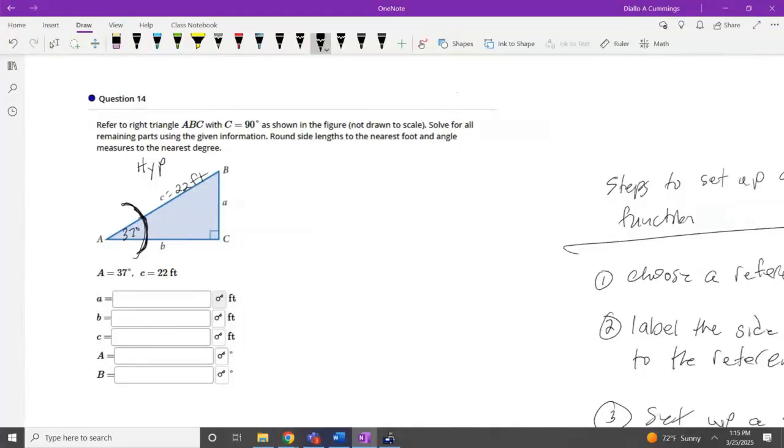So now we have to identify the opposite and the adjacent. So next, if this is angle A, the side that's opposite angle A is the opposite side. So since side A is opposite angle A, side length A is opposite to angle A. And then by default, the very last side is my adjacent.